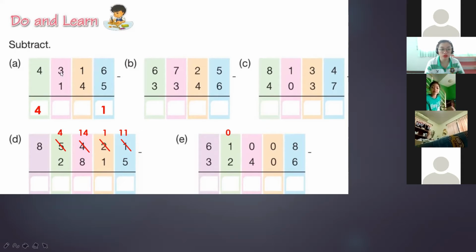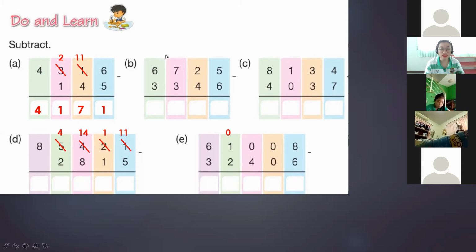So we're going to borrow from 3. So 3 will become 2 and 1 will become 11. So 11 minus 4 is equal to 7. 2 minus 1 is equal to 1 and bring down 4. So the answer in letter A is 4,171.